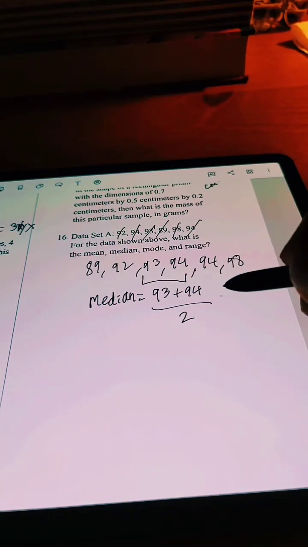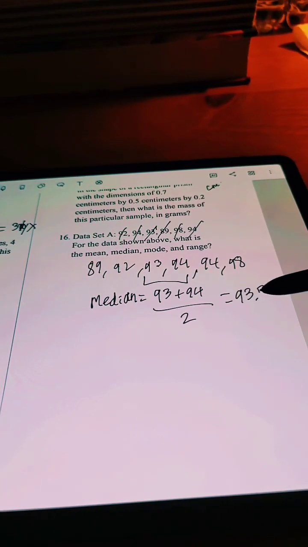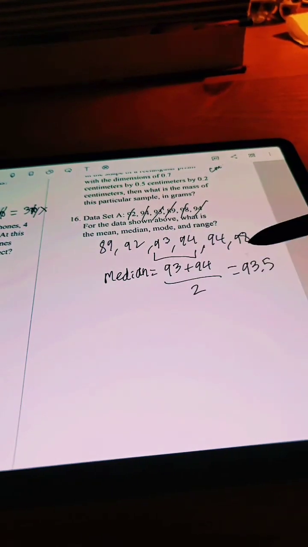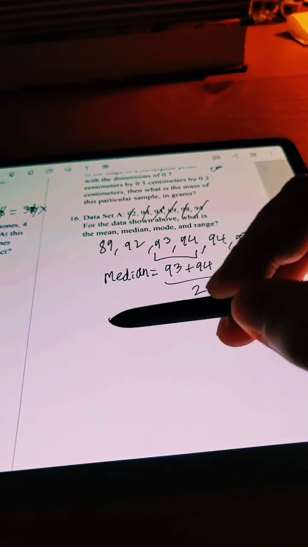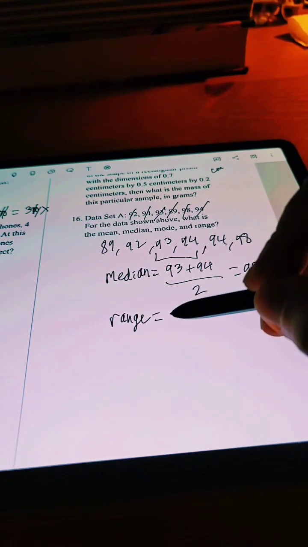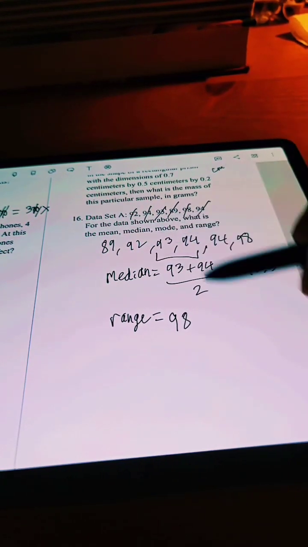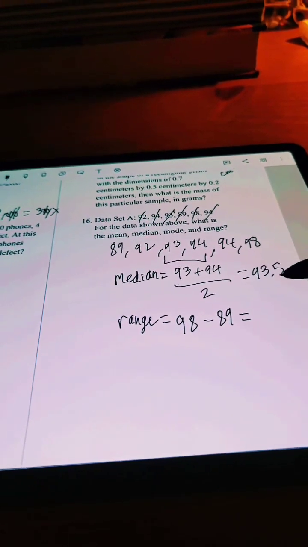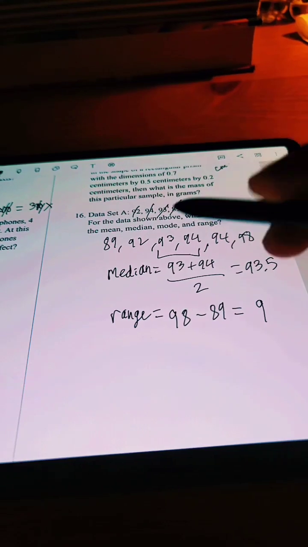So I get 93.5 as my median. And then range is just the high minus the low, or max minus min, however your teacher taught it to you, 98 minus 89, which is going to equal 9.